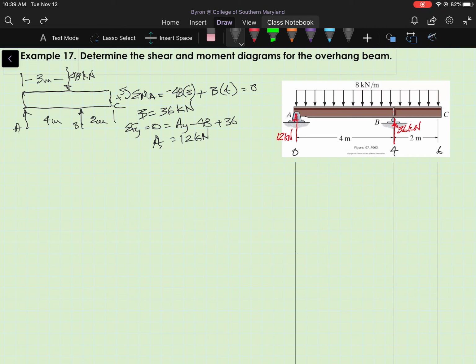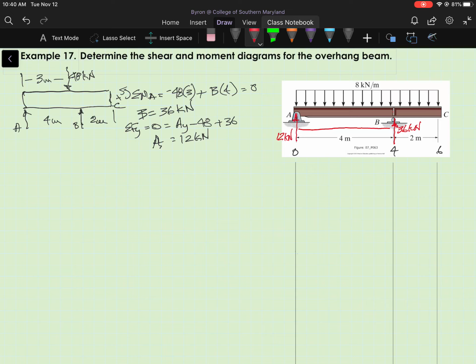And so I have no discontinuities starting over here at x equals 0, looking for values of x where discontinuities occur, and the first discontinuity is at B, where x equals 4, where I have a concentrated force of 36 kilonewtons acting upwards.